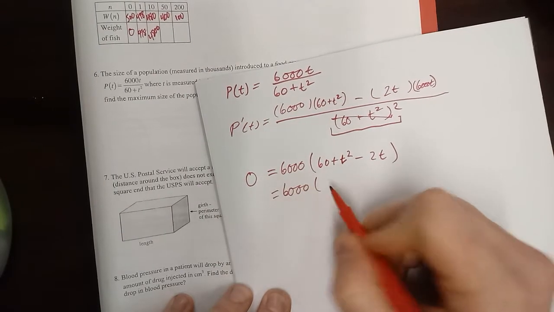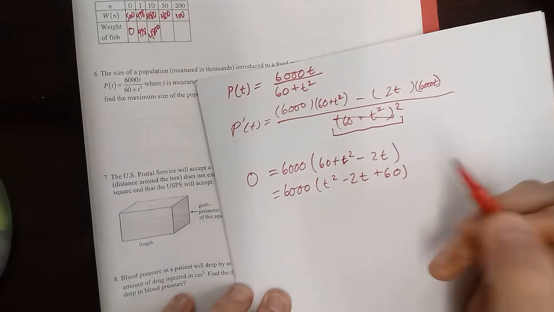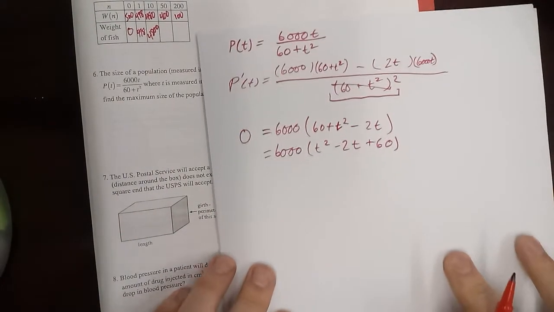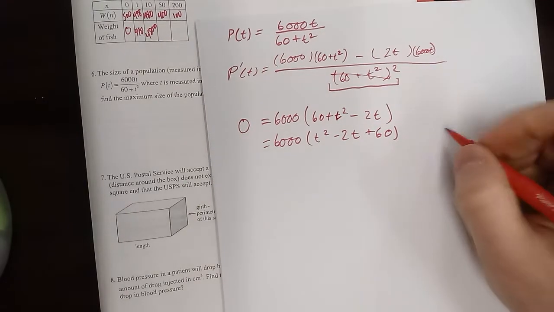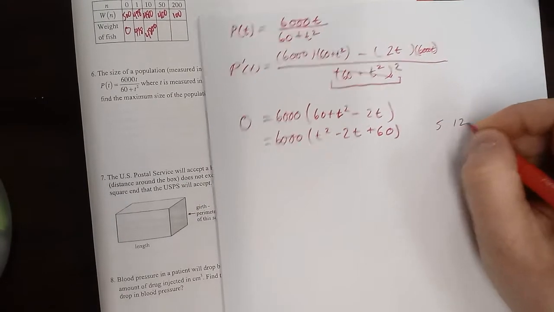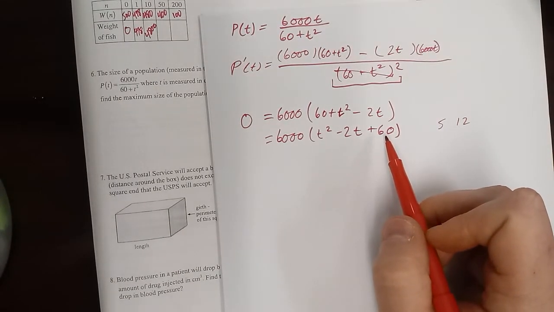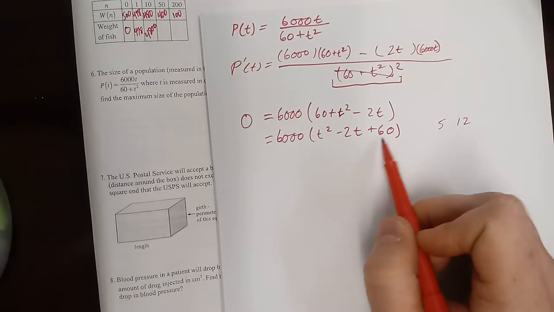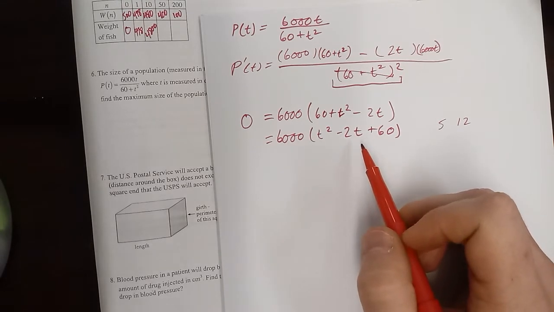This is a really strong argument for why you should curve the bottoms of your t's, because pluses and t's look the same. All right, we got 6,000, so I got t squared minus 2t plus 60. And my little brain right now is trying to find a way to factor 60. I know 60 is 5 and 12. Oh, wait. It's a negative and a positive. So I need either double positives or double negatives. So I'm not going to be able to factor that.